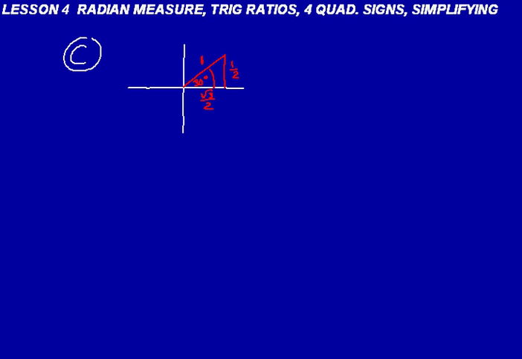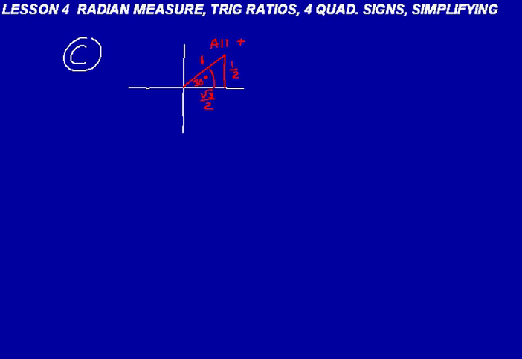So in that range from 0 to 90, all of the adjacent sides would be positive. All the opposite sides would be positive as well. So that means sine, cosine, and tangent all would be positive in that first quadrant. Then just think about the second quadrant.